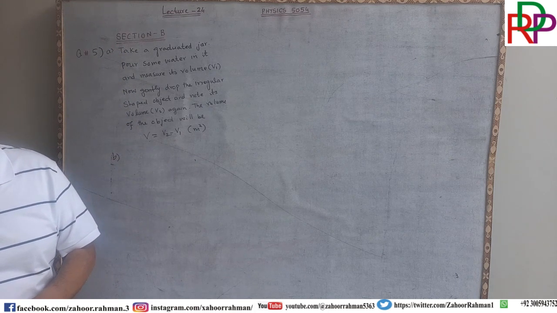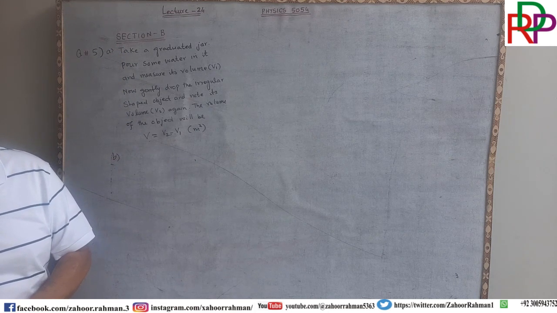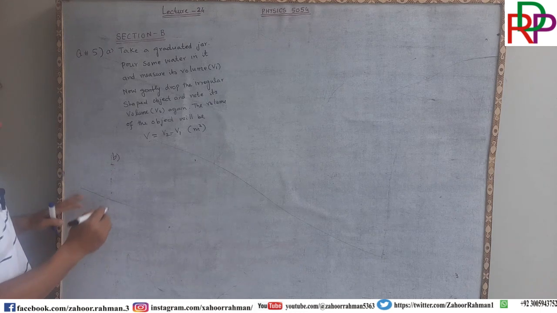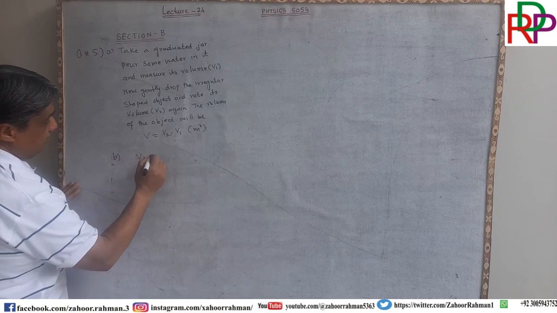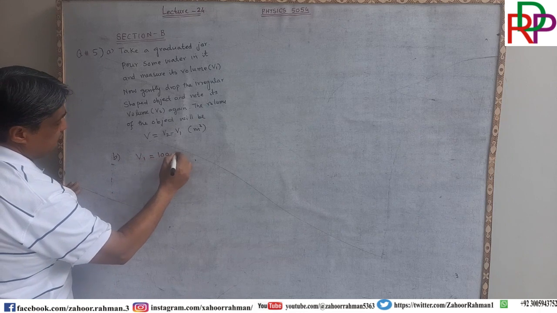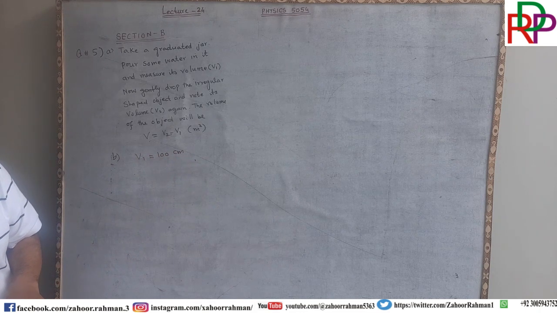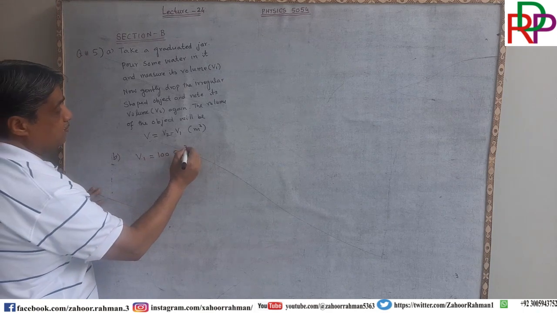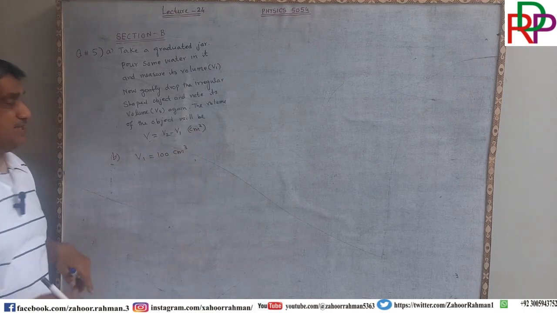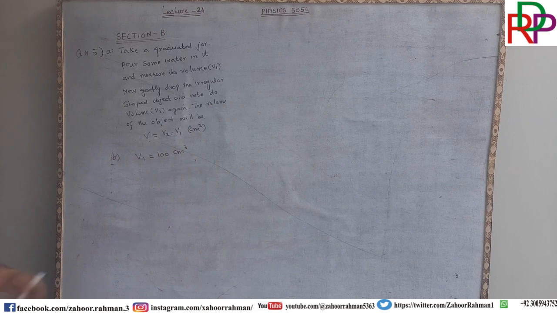In B part they gave us the data as V1 is equal to 100 centimeter cube. This will also be in centimeter cube because a graduated jar cannot measure it in meter cube.